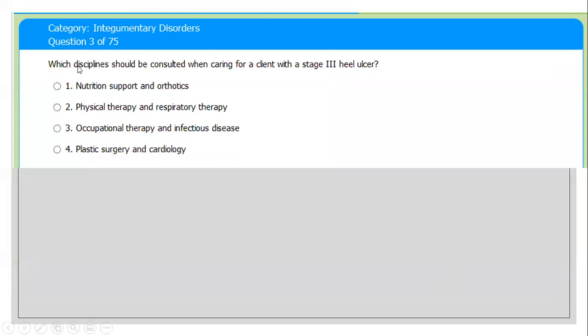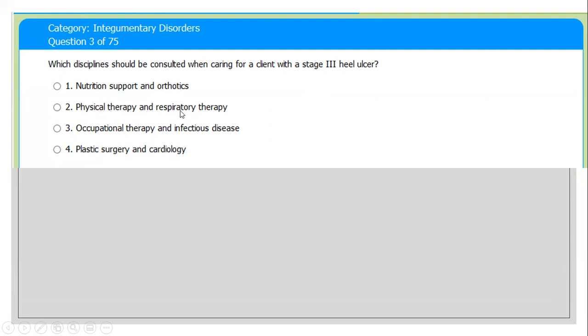Next, which disciplines should be consulted when caring for a client with a stage 3 heel ulcer? Number one, nutrition support and orthotics.